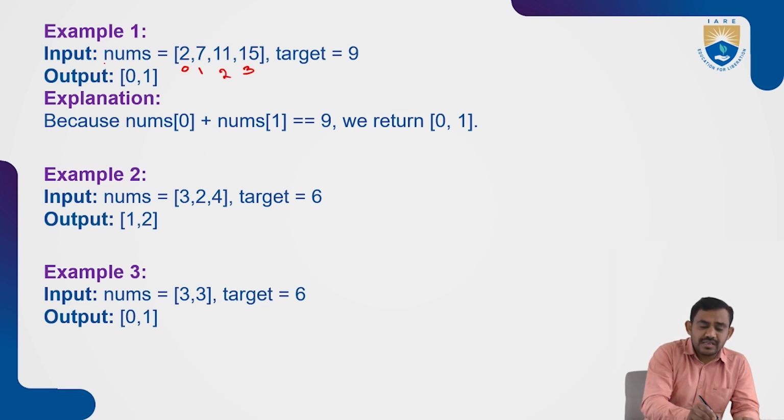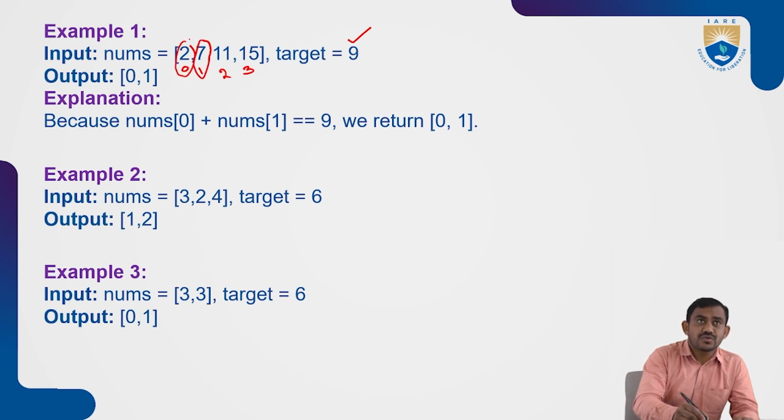He gave one particular array of 4 numbers; these are my indexes, and he gave the target as 9. Now 2 plus 7 will get 9. So 2 is at the 0th index and 7 is at the 1st index. That is your output. He gave one more example, that is 3, 2, 4.